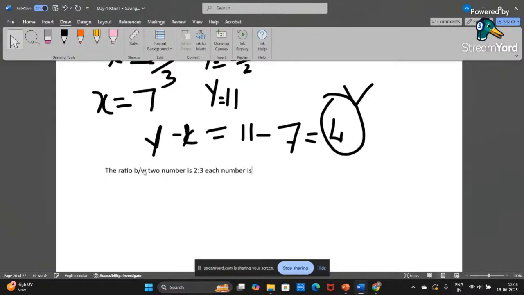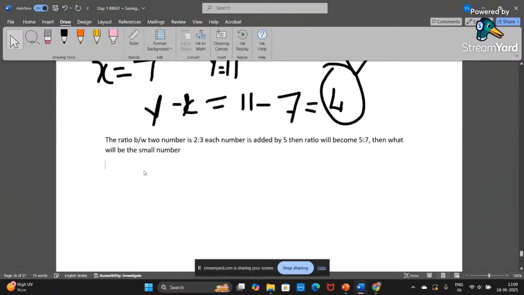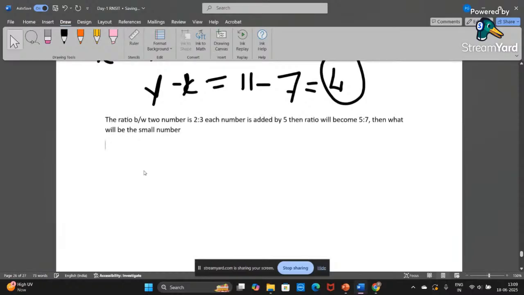Each number is added by 5. Then the ratio becomes 5:7. Then what will be the small number? Just analyze this.